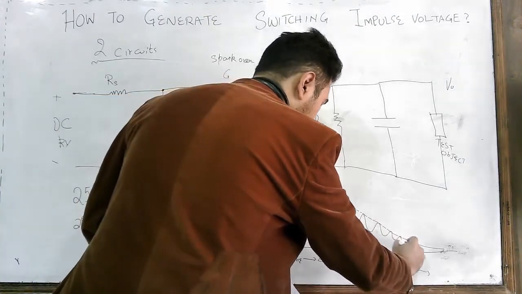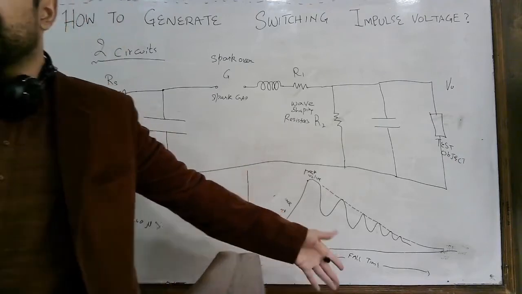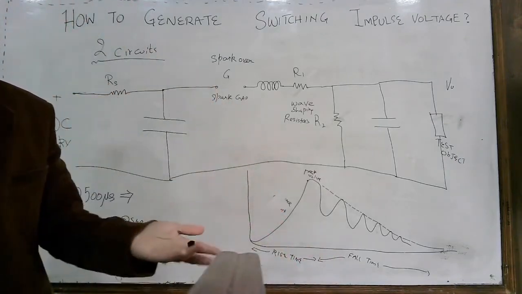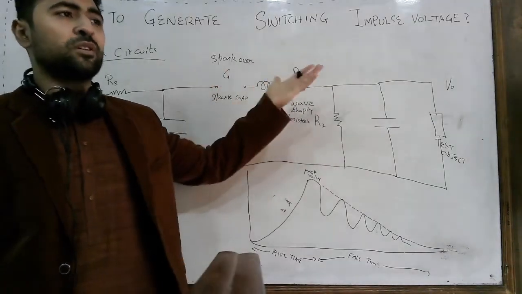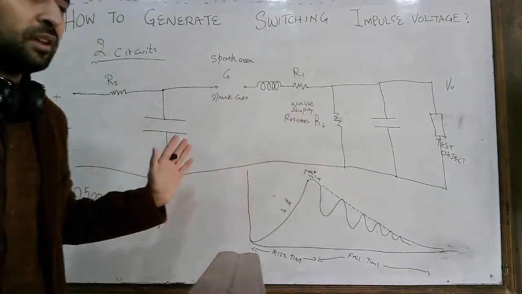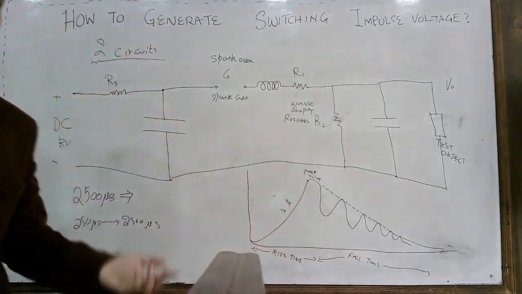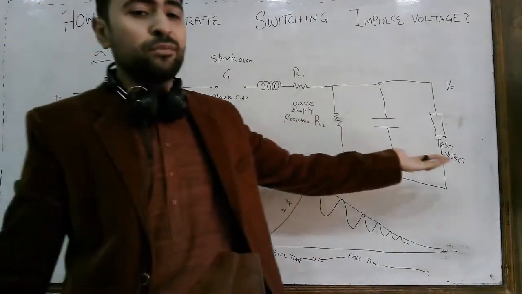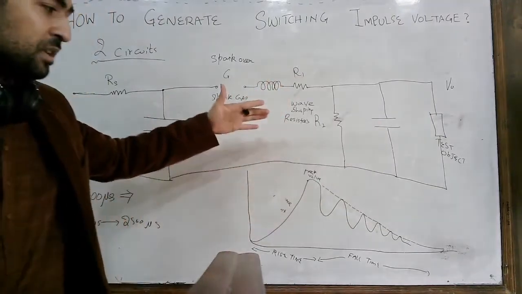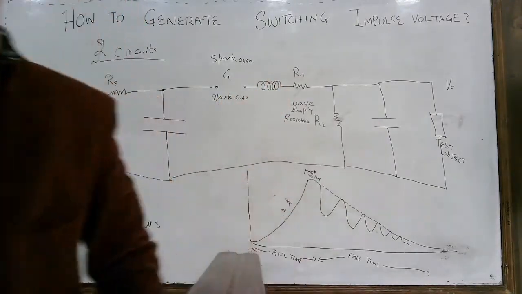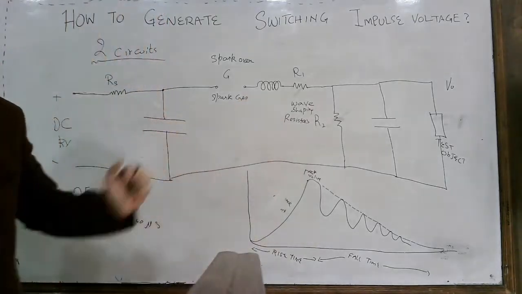This is a type of switching impulse voltage which is oscillatory in nature. In power systems, you can observe either switching impulse voltages which are non-oscillatory in nature, or waveforms which are oscillatory in nature. And if you want to test the object for the impulse voltage which is oscillatory in nature, for that purpose we have added an inductor here.